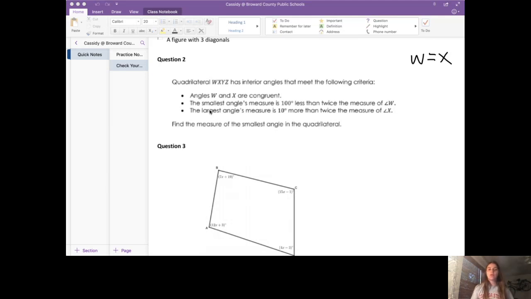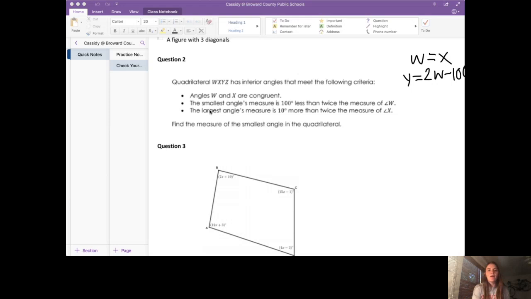So Y is 100 degrees less than twice the measure of W, so Y equals 2W minus 100. We got our equation for that one.